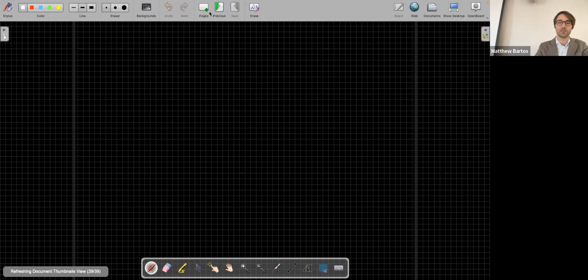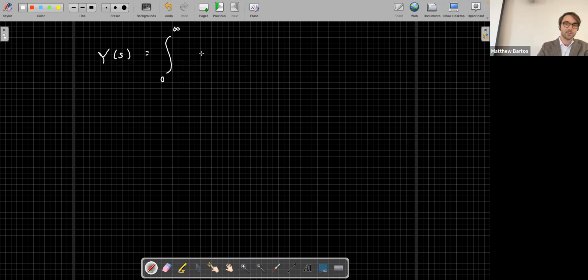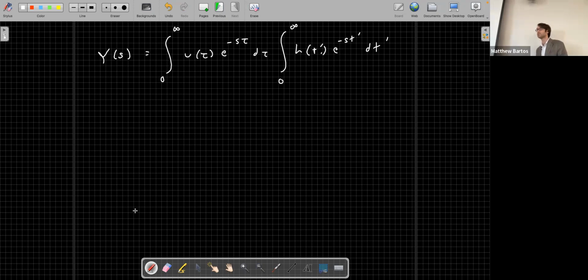Let's go ahead and substitute. What we get is y of s is equal to the integral from 0 to infinity of u tau e to the negative s tau d tau times the integral 0 to infinity h t prime e to the negative s t prime dt prime, where t prime is equal to t minus tau.